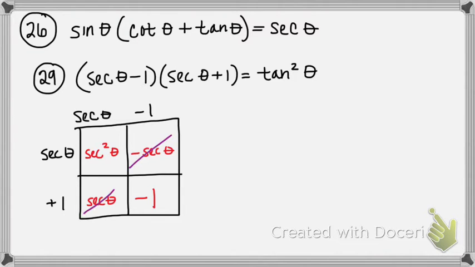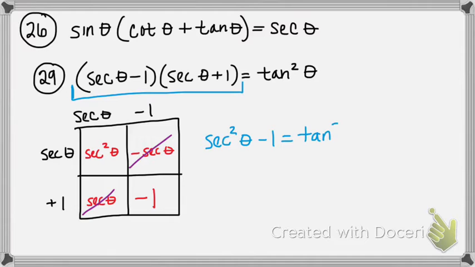These are going to cancel. So when you multiply secant minus 1 times secant plus 1, you get secant squared minus 1 equals tangent squared. Okay, this is an identity. So look on your purple paper.